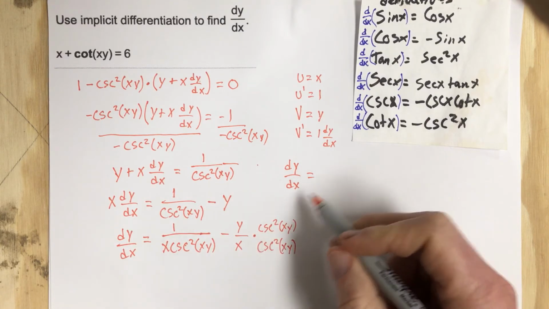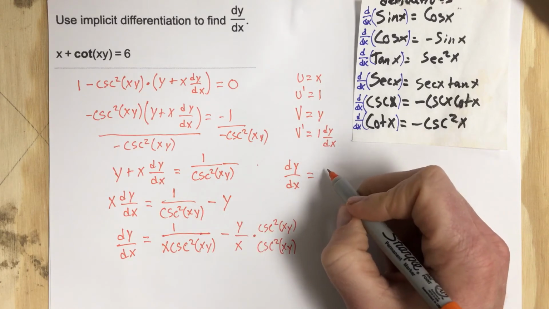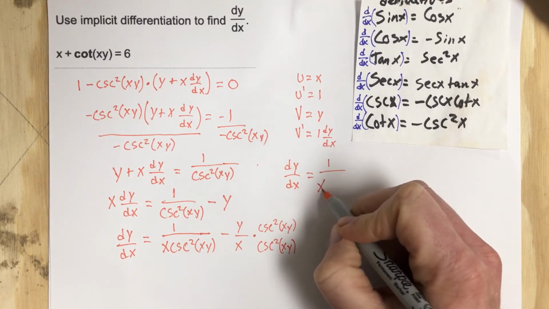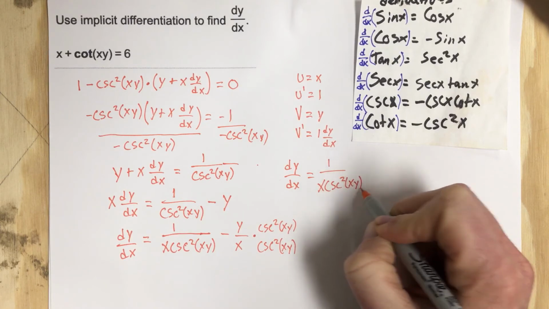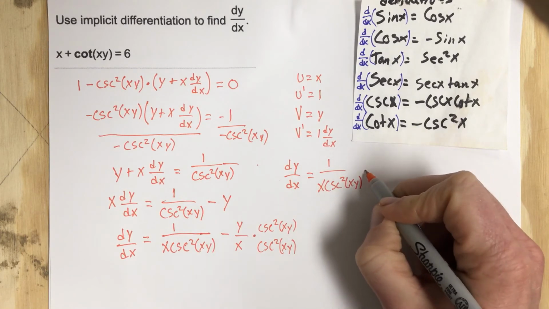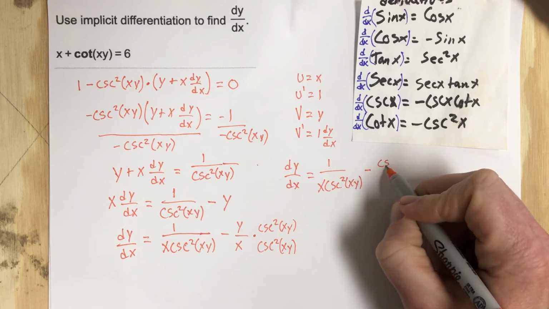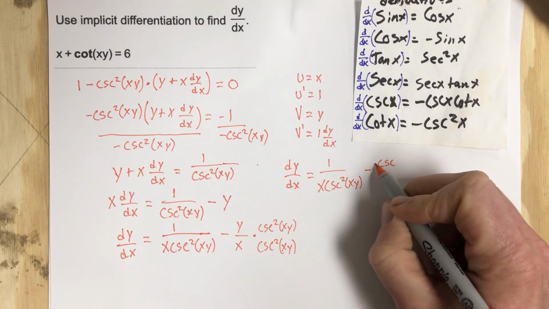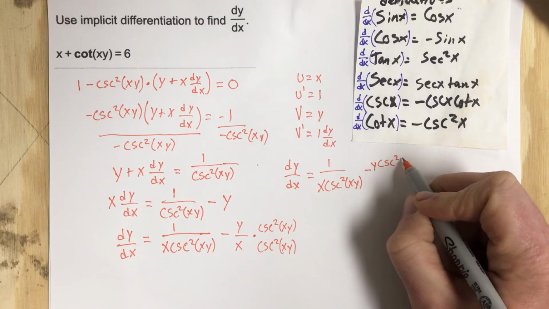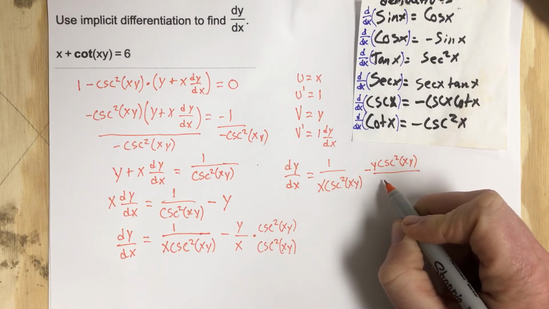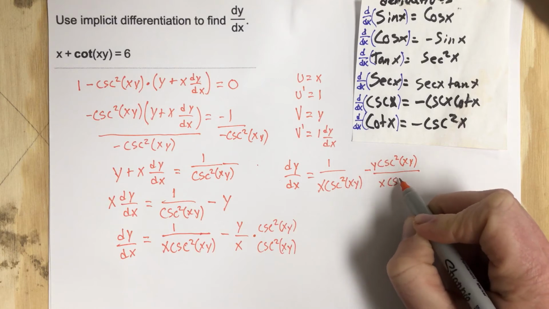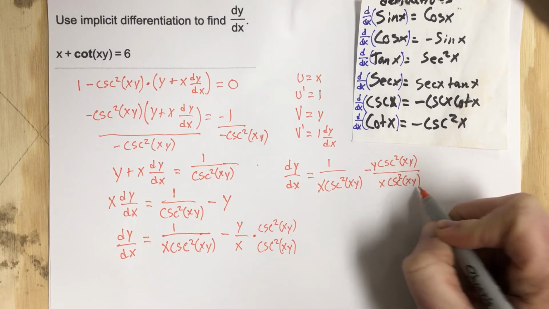So when I do that, I can combine this together and say that this is 1 over x cosecant squared xy minus, well, this would be y cosecant squared xy over x cosecant squared xy.